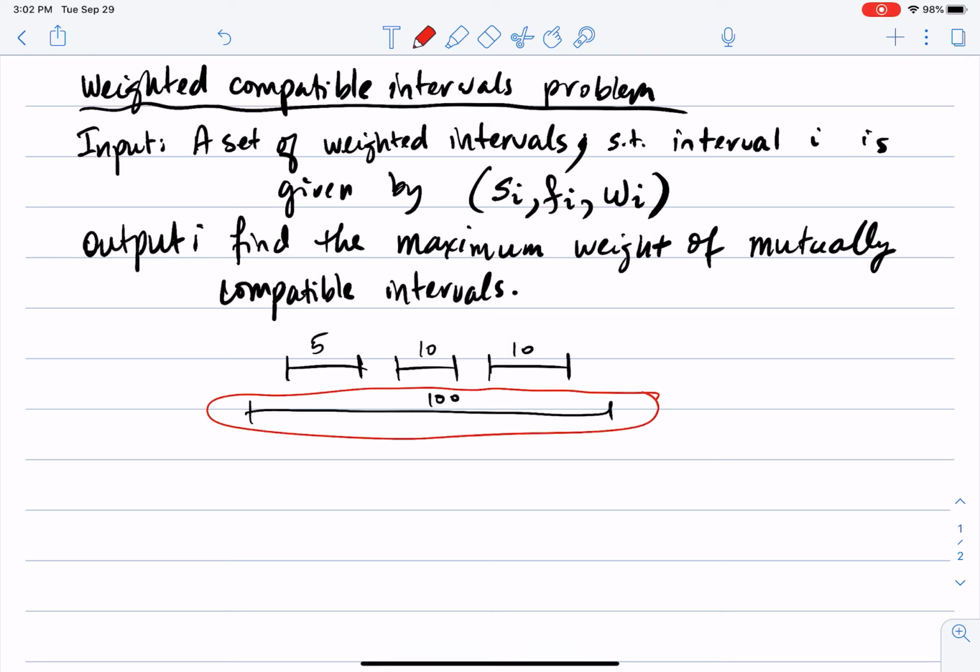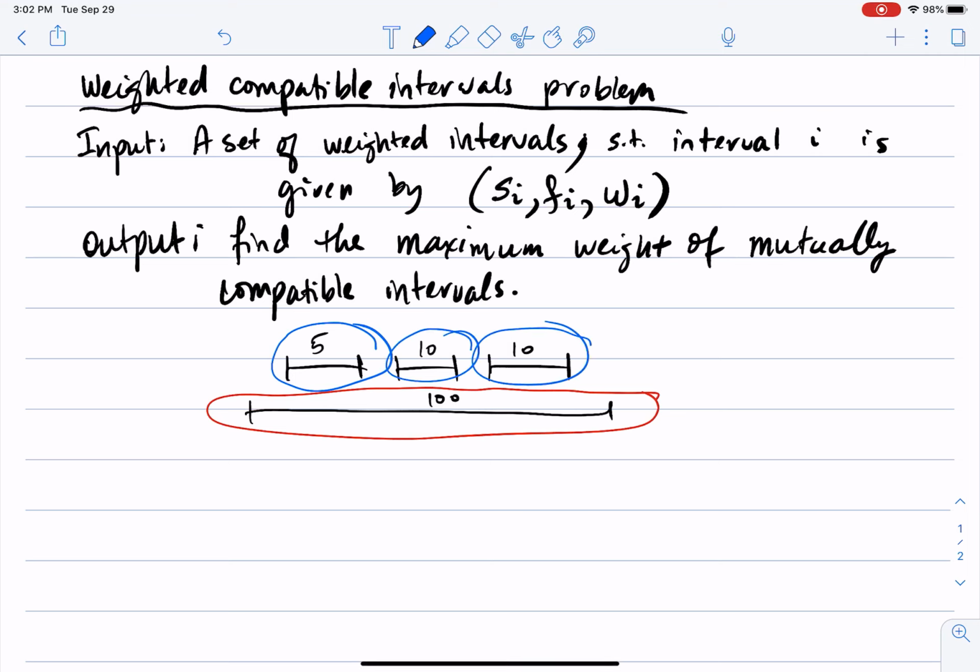Now, if you look at this example, you will immediately see that the greedy algorithm that worked before doesn't work anymore. I remind you, our greedy algorithm sorted the intervals by their finishing time, the one that finishes first, then the one that finishes second, and so on, and then took compatible intervals based on that order. If I go by this, then this is the interval that finishes first, and my solution will end up choosing these three intervals.